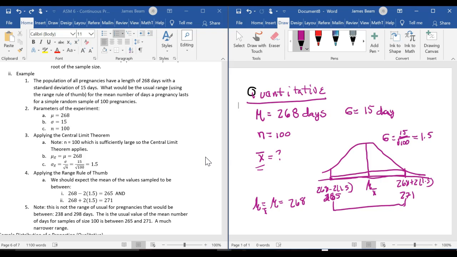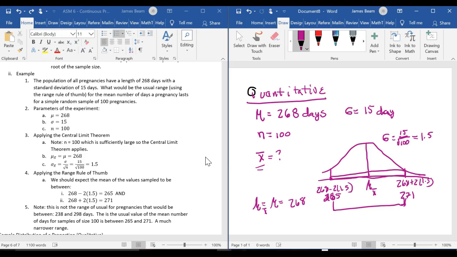Okay. This means that if I grab 100 babies at random, a normal sample is going to have the mean number of days that those babies were in the womb between 265 and 271. That doesn't mean that the average baby is between 265 and 271. It means that the average of 100 babies is between 265 and 271.